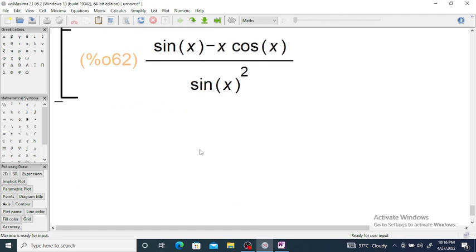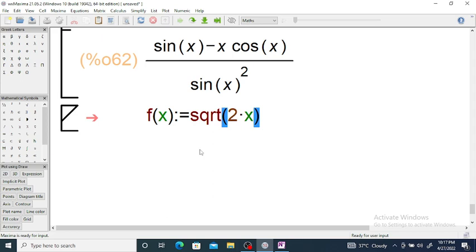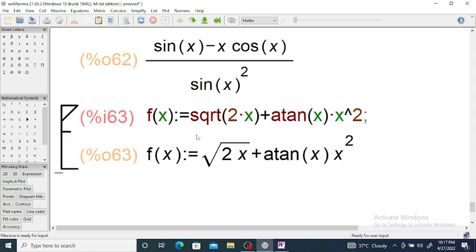So for example, we are going to take a very complicated function, f of x is equal to square root of twice x, 8 tan x into x square, and we want to determine the derivative of f of x, independent variable x.